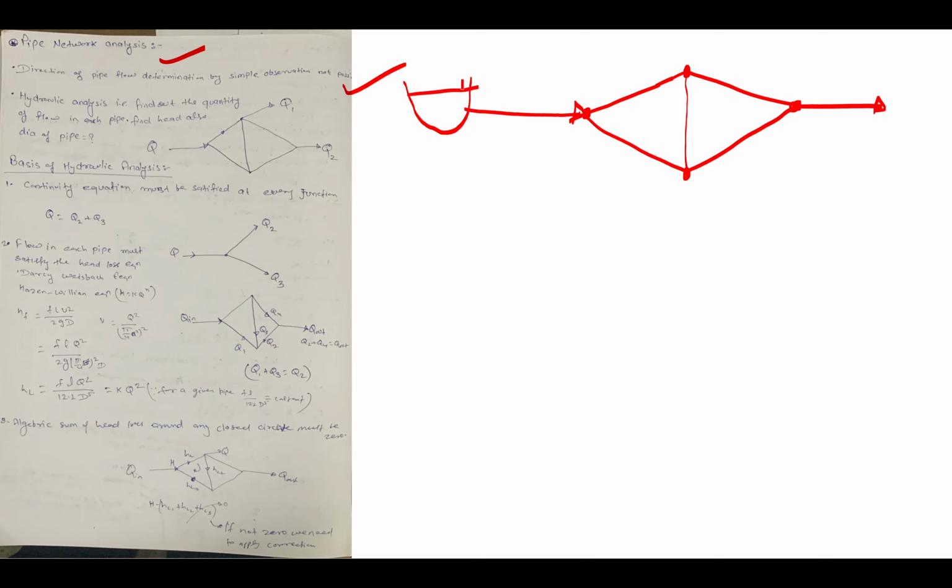This is a reservoir, just for example. If water is flowing here, suppose a community is there. In this community water will go Q1, here water goes Q2, and this is a junction for future development. If there is any future development, this junction will provide water in this direction. So this is Q1, Q2, and this is Q3.